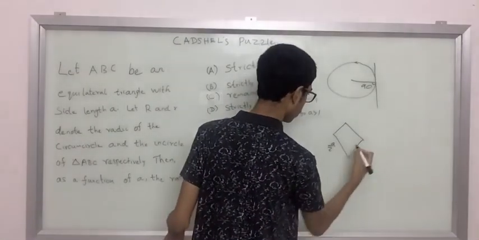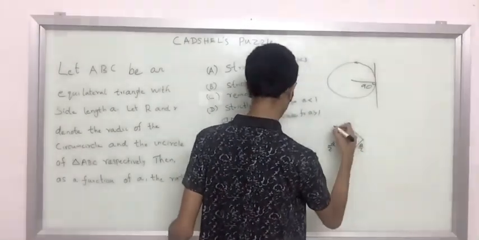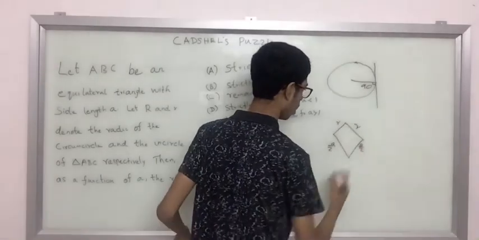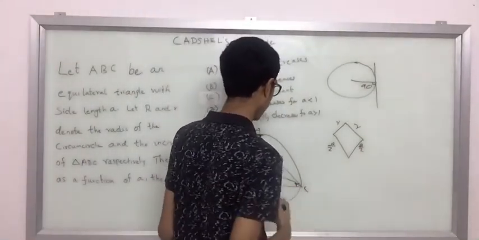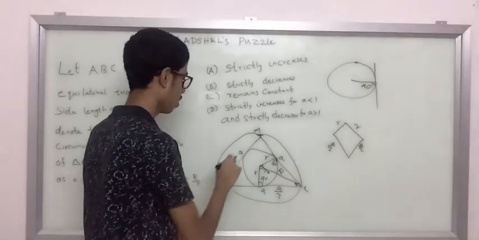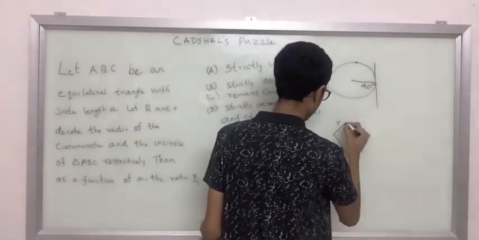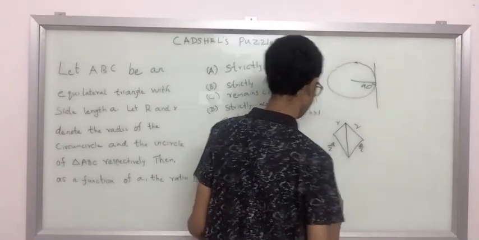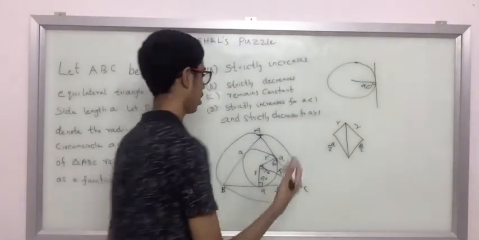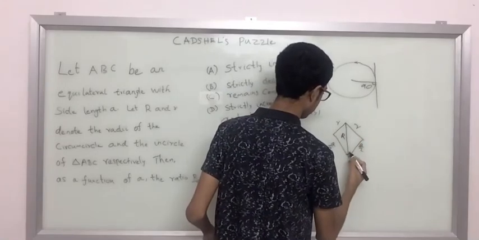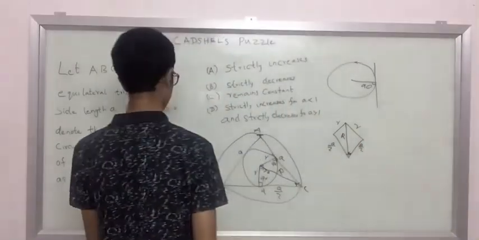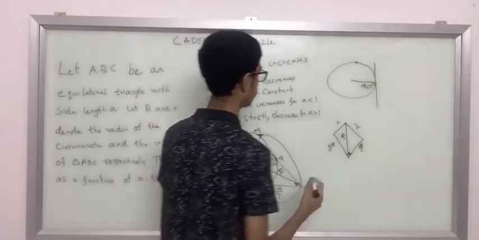What is this? a by 2. And this is capital R, the radius of the circumcircle.